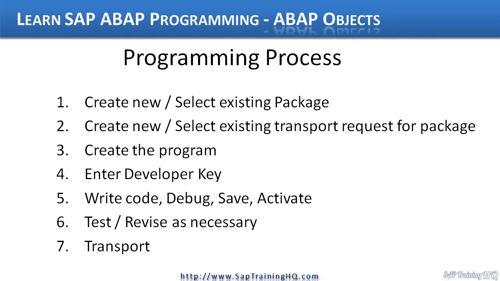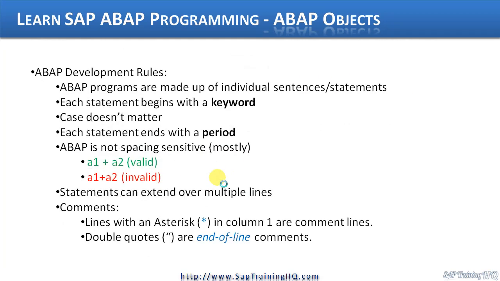But the more likely scenario is that you have packages already existing in your system. So instead of creating one, you will probably select an existing package. We then assign a package to a transport request, and that's what allows us to bundle all our development objects together. Once we have our transport open, we can then create programs as long as we have our developer key.